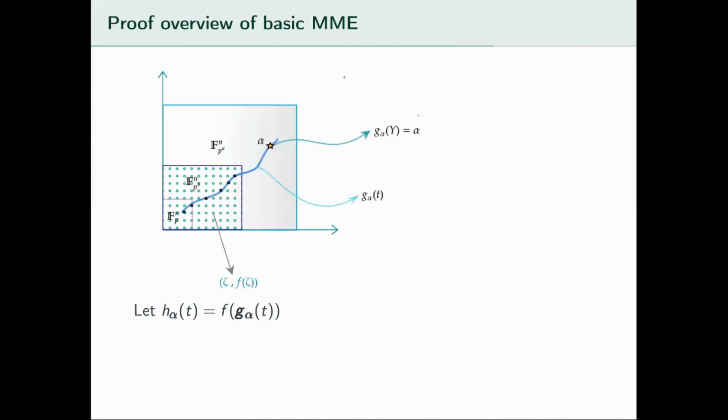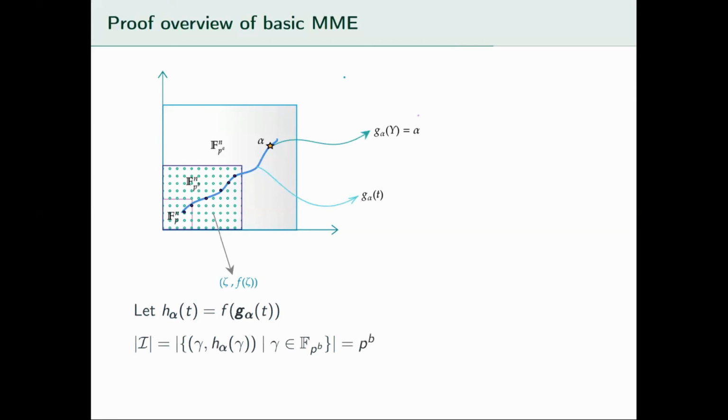Let's say I restrict the polynomial f to this curve g_alpha(t) and call it h_alpha(t), and I set t to some gamma from F_p^b. Then g_alpha(gamma) is a point in this grid, and I already know the evaluation of f on this grid, and that's why I know the evaluation of h_alpha on all these points from F_p^b, using this pre-computation step.